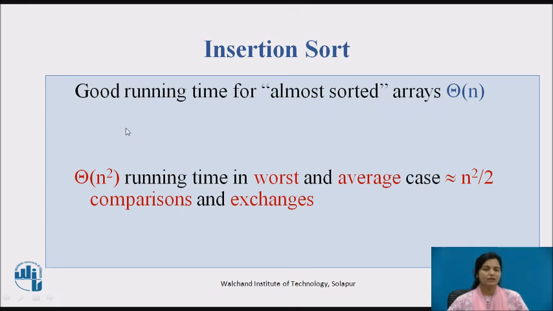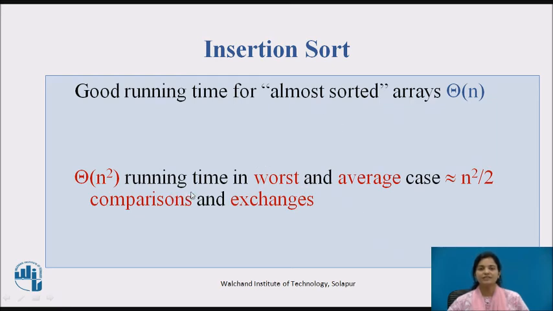So here it is a good running time when it is almost sorted, that is, when the array is sorted, it is n time it will be checked. But when it is the worst case, exactly reverse, then at that time we need swapping.